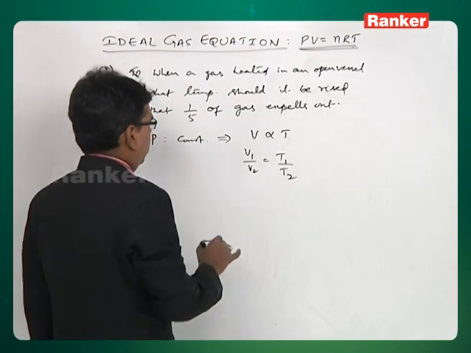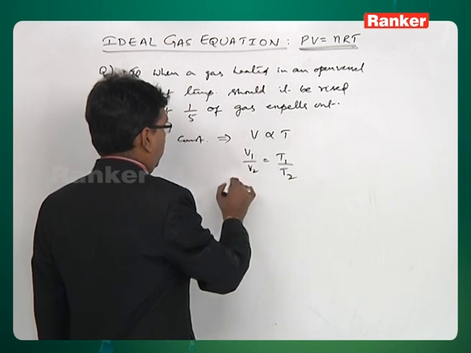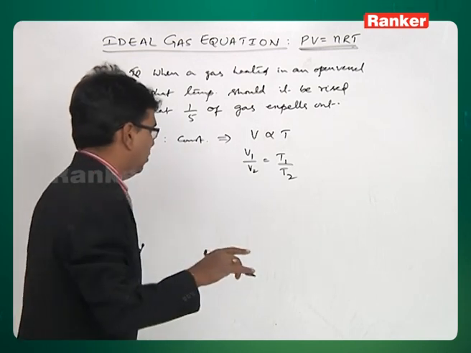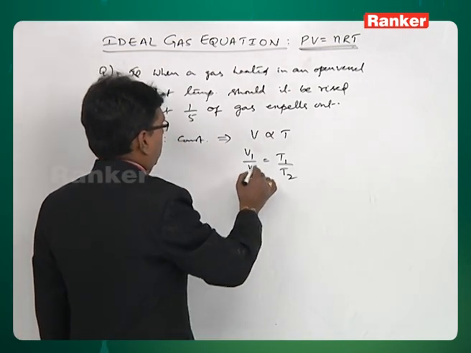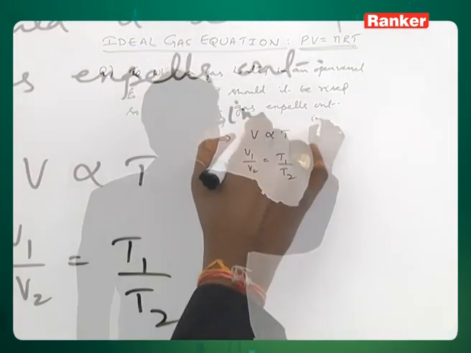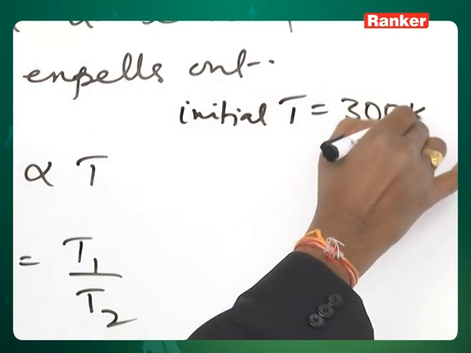If 1/5 of the gas is expelled, the initial temperature is T1. Let me take the initial T as 300 Kelvin, suppose.